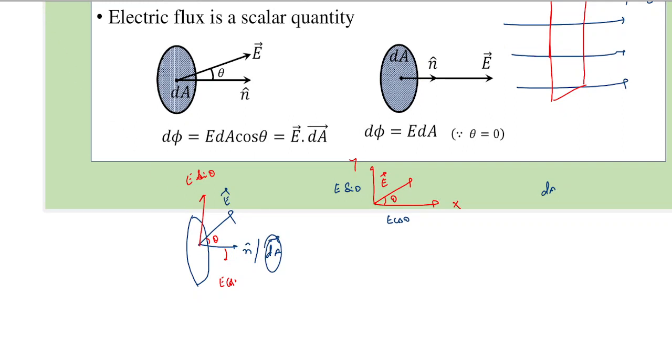So you want this dA into E cos theta. If you rearrange this, write it as E into dA into cos theta, or it becomes E dot dA. So this is the flux through a small region. It is E dot dA.